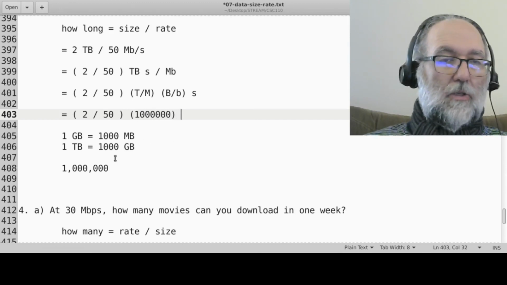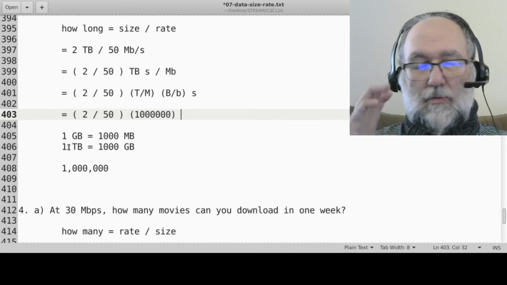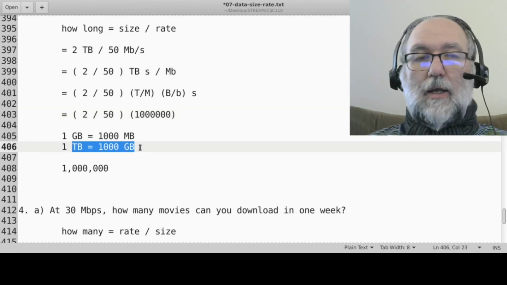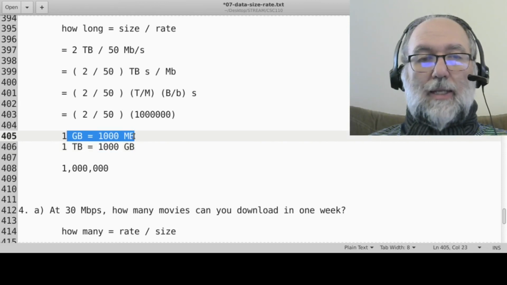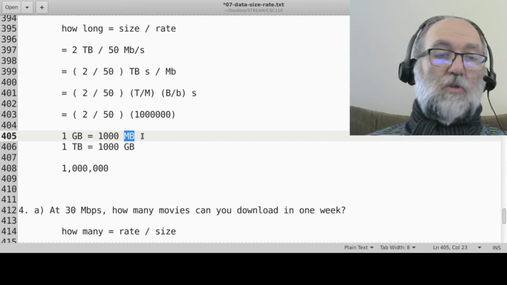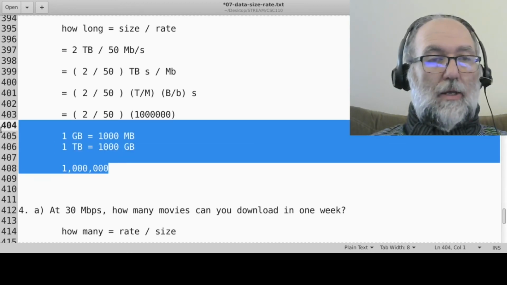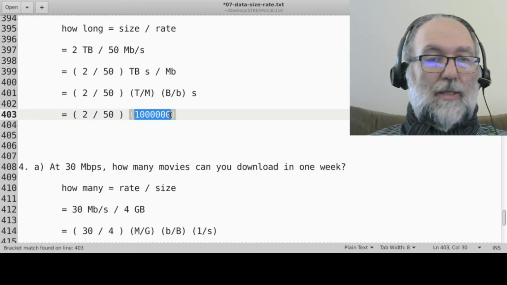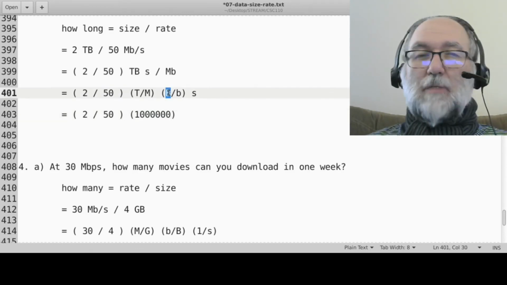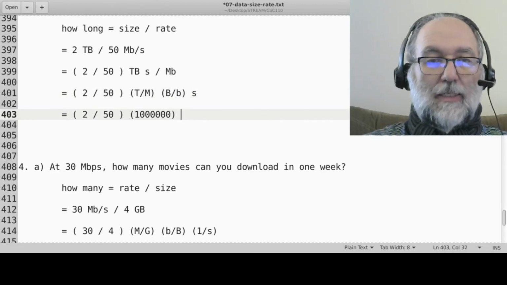Once again, I'm taking a shortcut here. Tera to giga gives you 1,000. Giga to mega gives you another 1,000. And so tera to mega is 1,000,000. And that's where this number comes in. And then we got bits divided by bytes. Now a byte is bigger than a bit. It's 8 times bigger, so this number is just 8.